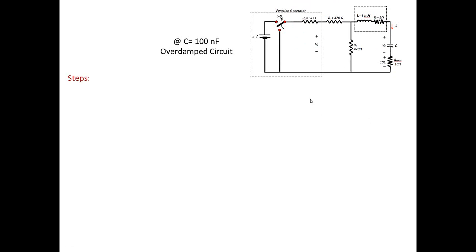Here are the steps for solving RLC circuits. The first one is that you need to determine if this circuit is a parallel RLC circuit or a series RLC circuit. Once we do that, we need to determine alpha and omega naught and calculate the roots S1 and S2.